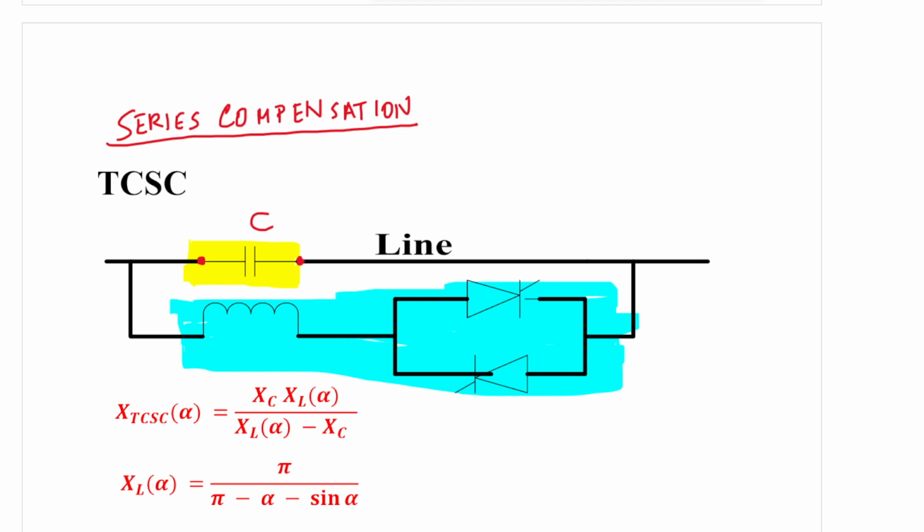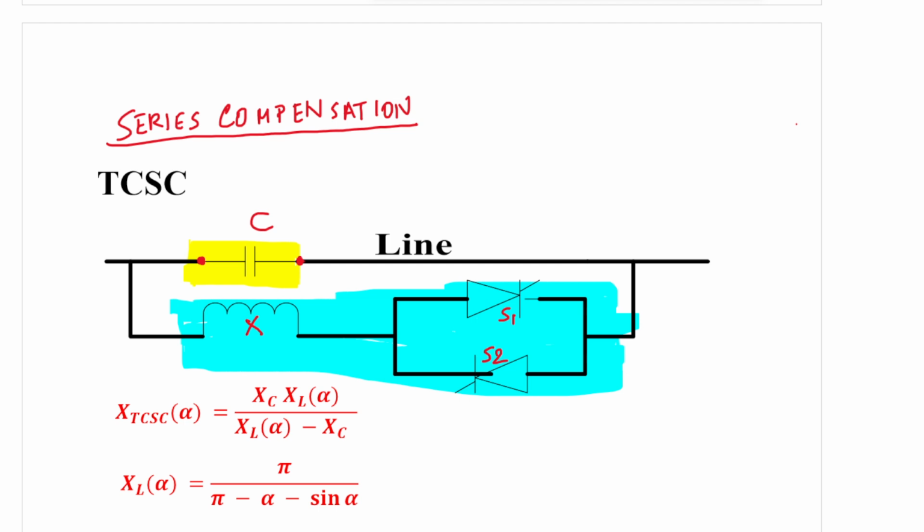We have an inductor L, which offers a reactance of XL, and we have a thyristor switch S1 and we have S2.